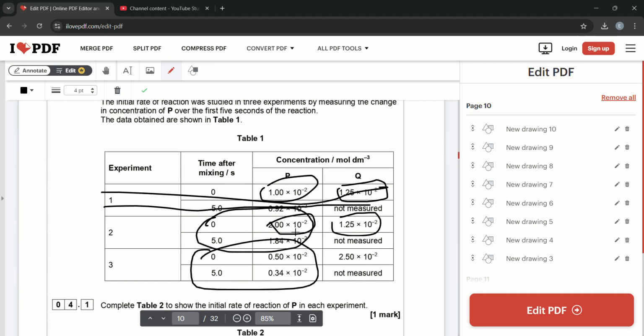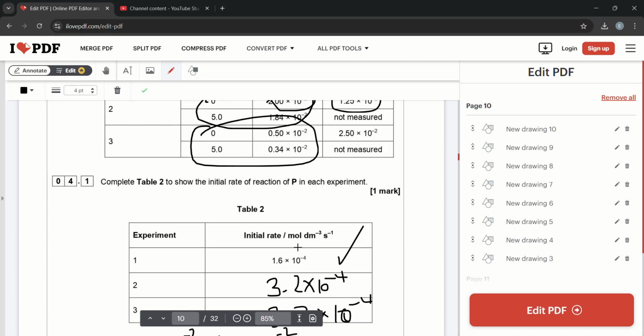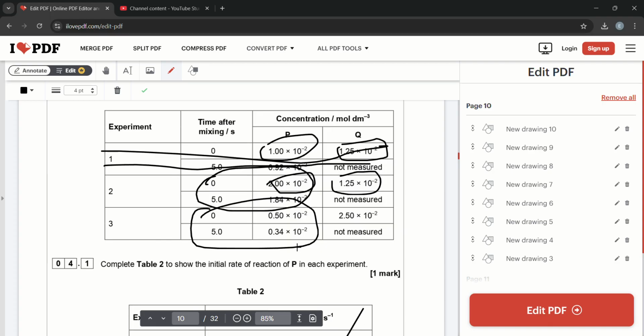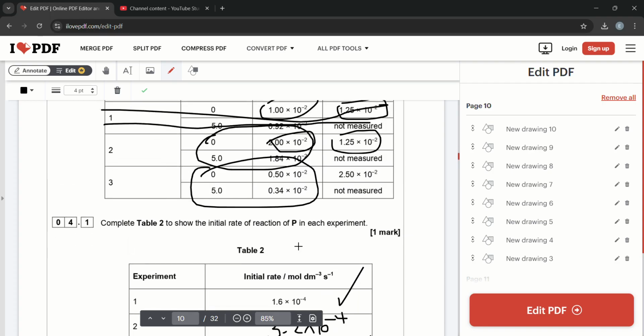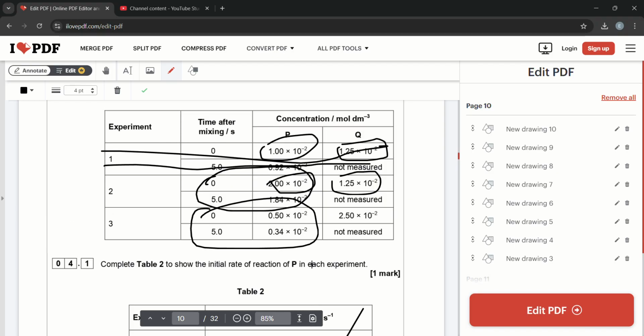And order with respect to Q, well, if we look at this, from experiment 1 to 3, if we look from here to here and here to here, we times it by half.